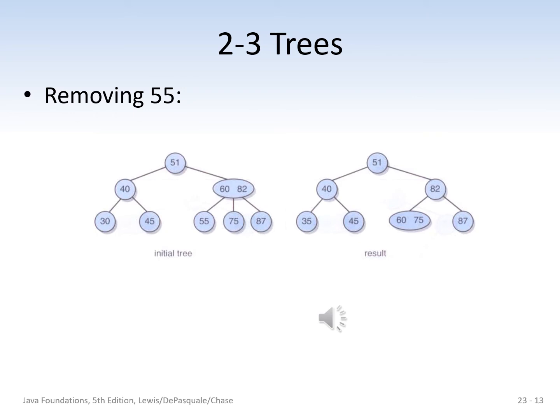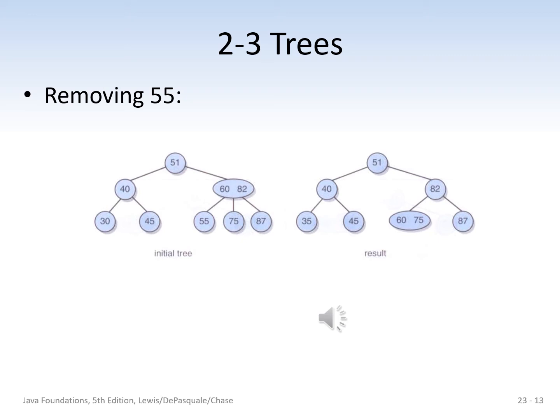In this example, we're going to remove 55 from a 2-3 tree. 55 is a leaf node, and so that would leave a 3-node with two children, so that won't work.